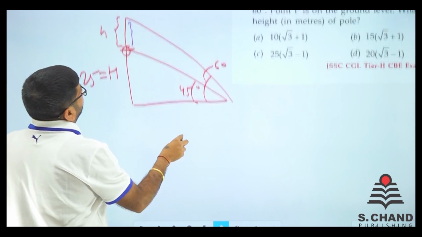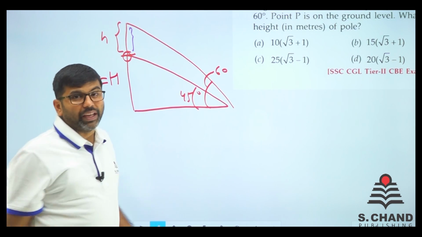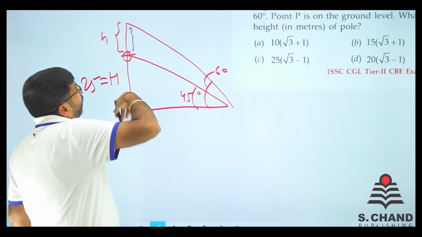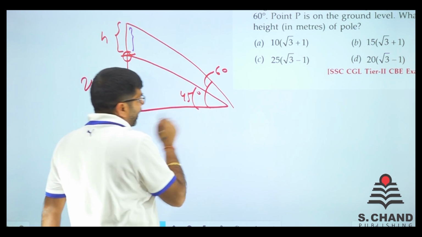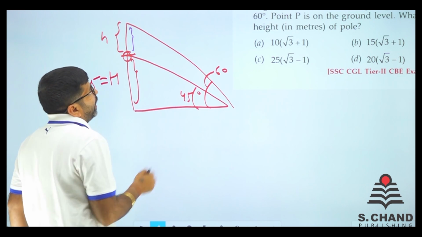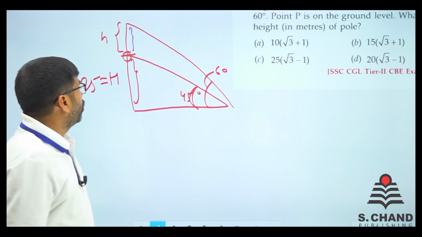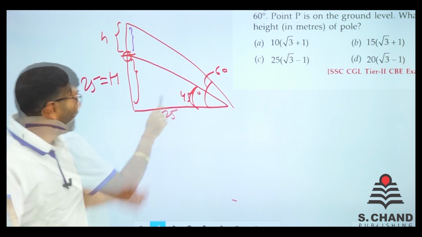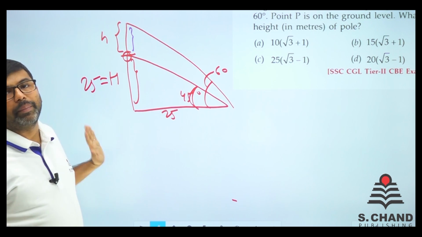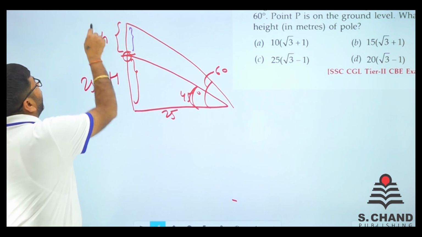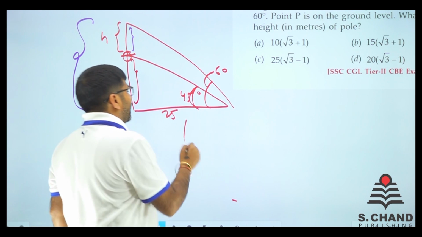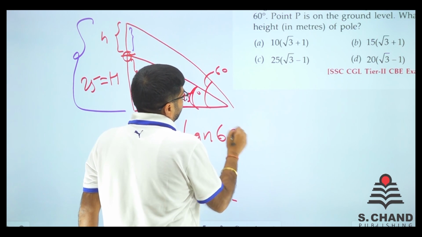Applying all the trigonometry here, for the whole height you need to know this distance. We have this distance from point P towards the base and this angle. Now applying the same formula, tan 60 degree, why 60 degree?